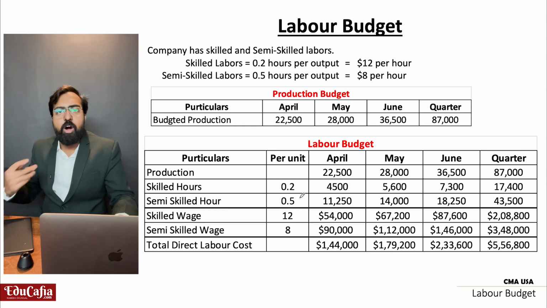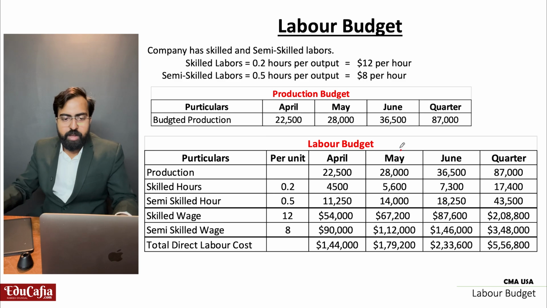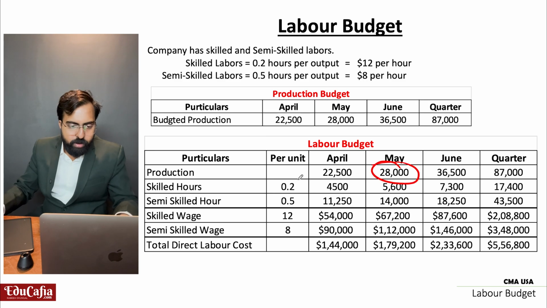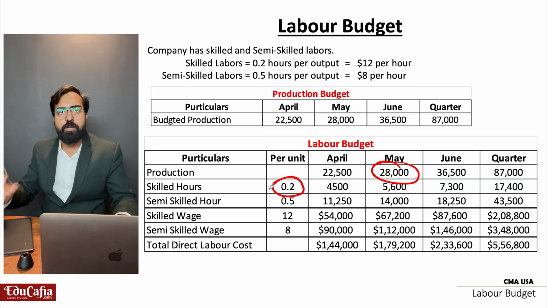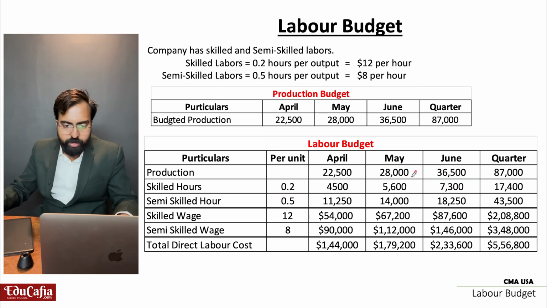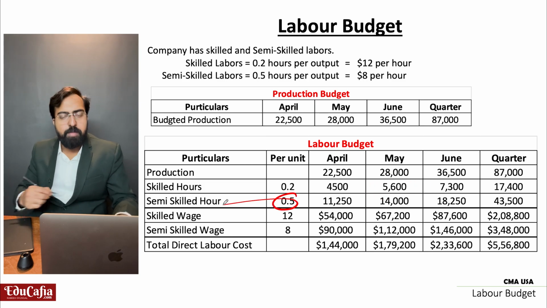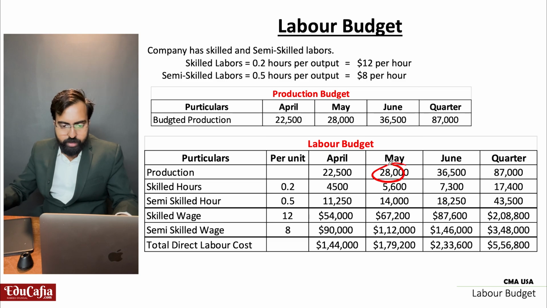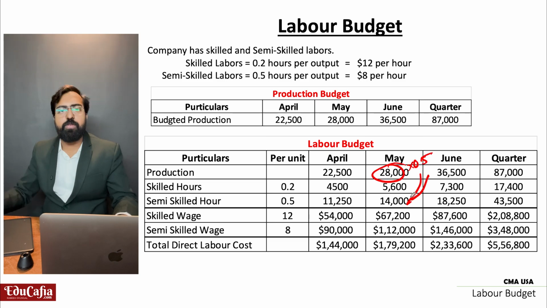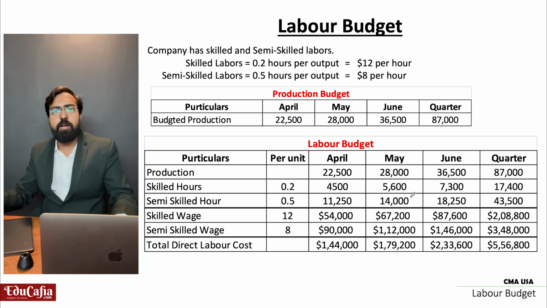In May, how much are they producing? 28,000. Skilled labor 0.2 hour per product, so 28,000 into 0.2 is equal to 5,600. And 0.5 hour semi-skilled, so 28,000 into 0.5 is equal to 14,000 hours.